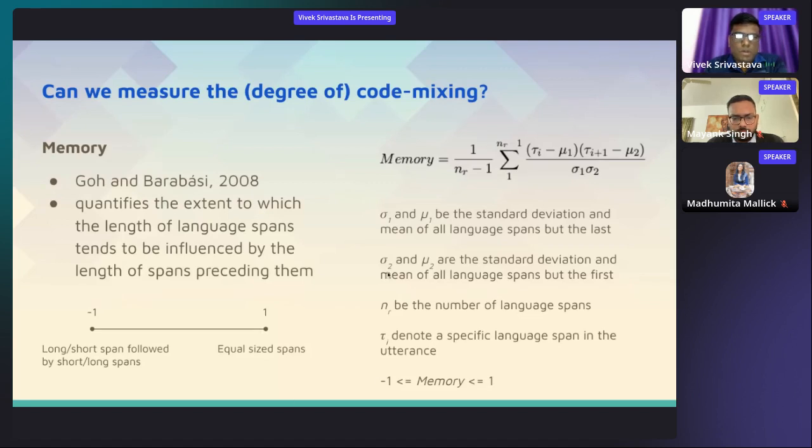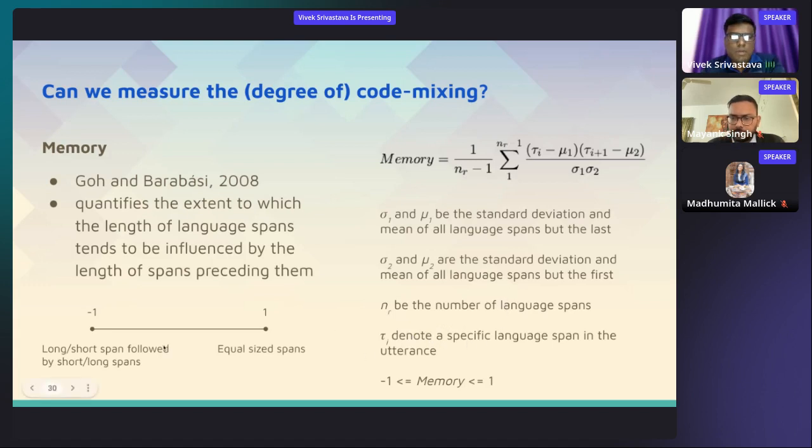This is the formulation, and sigma 1 and mu 1 are the standard deviation and mean of all language spans, but you skip the last one. Sigma 2 and mu 2 are the standard deviation and mean of all language spans, but we skip the first language span. N_R is the number of language spans. Tau_i is a specific language span in the utterance.